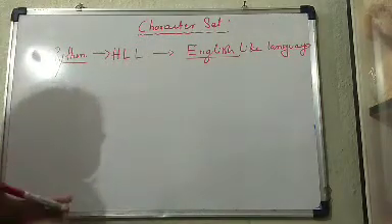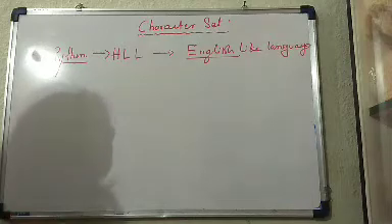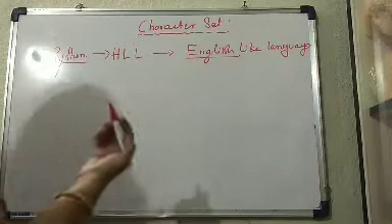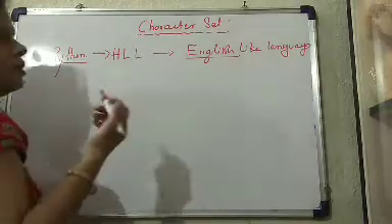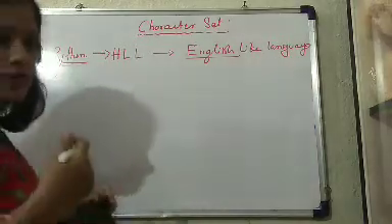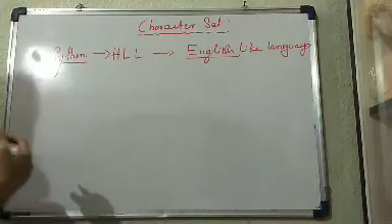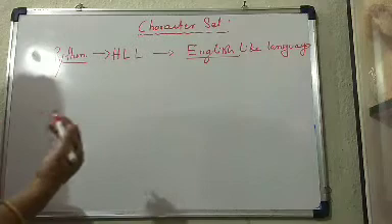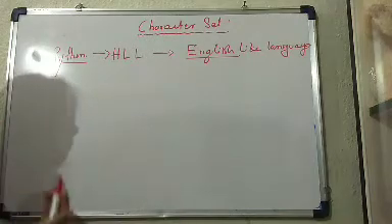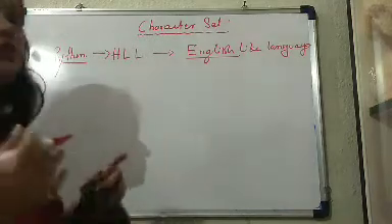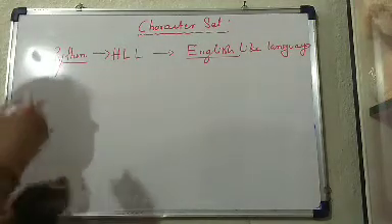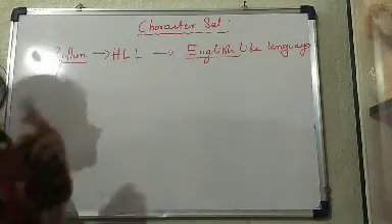So let us start with how we are able to write English. Remember your childhood days, when you started learning English. What was taught to you? It was explained what the alphabets are, and after that you learned the digits and the different symbols.